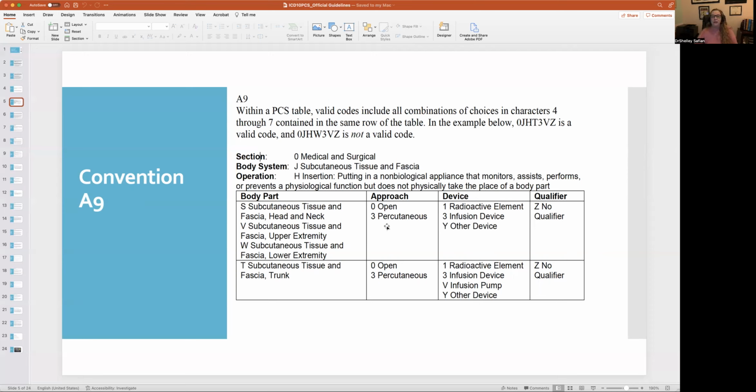But you must stay, once you choose a body part, you must stay on that row. Now note that sometimes one body part may be listed on more than one row with different approaches, devices, or qualifiers. Okay, then you know that you need to move down a row or up a row, whatever is appropriate.